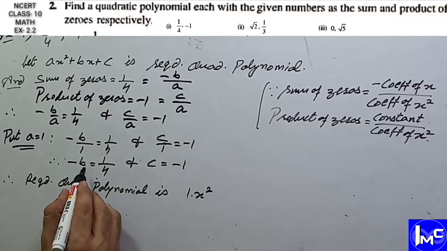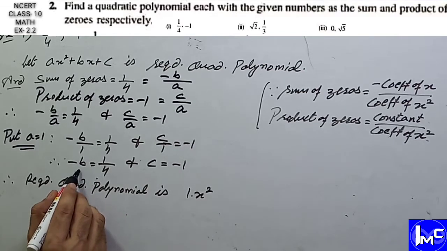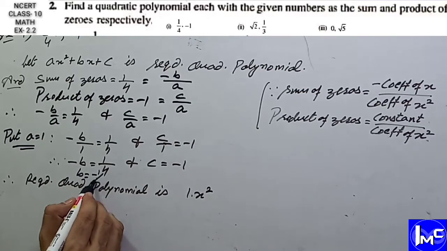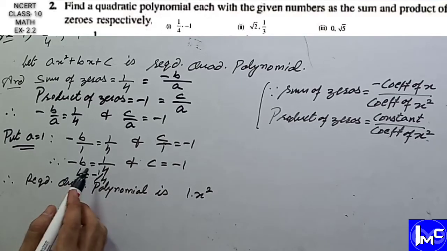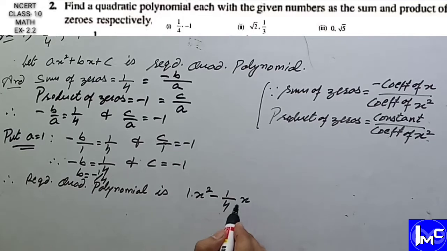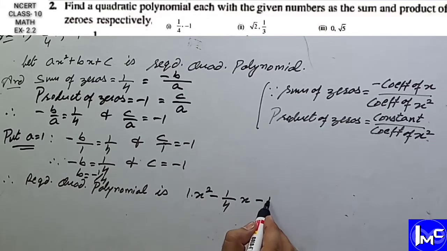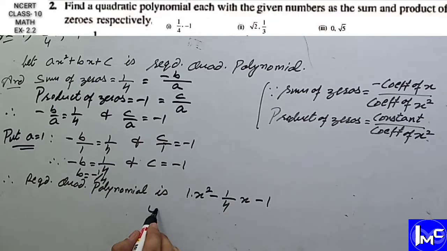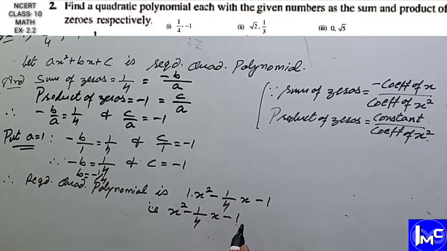You can take b is equal to -1/4 by taking minus to this side, that will be -1/4 x, and c is -1, that is x square minus 1/4 x minus 1.